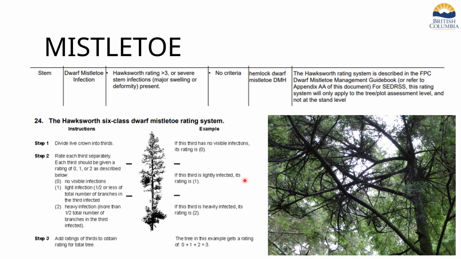If there's a light infection, which is half or less of the total number of branches infected, you get 1 point. And that's for that specific third. If more than 50% of the branches are infected, the section earns 2 points. If a tree earns 4 or more points across the three portions, then it can't be taken as free growing.